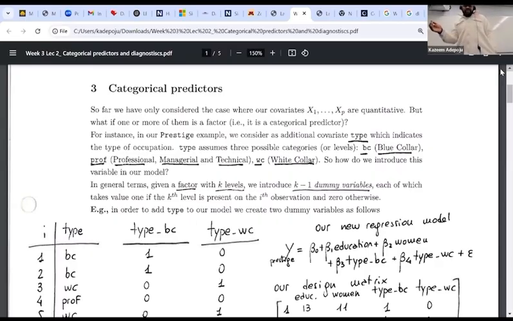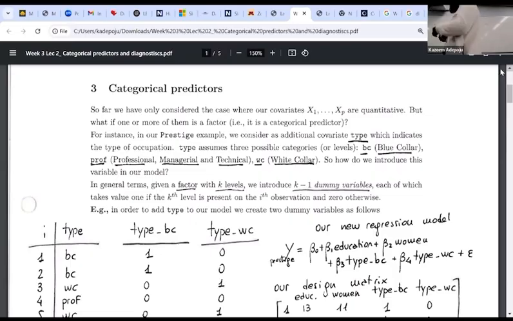Now, let me tell you this. We need to be guided on how to handle a situation like that because we don't want to fall into a dummy variable trap. A dummy variable trap, what do I mean by that?